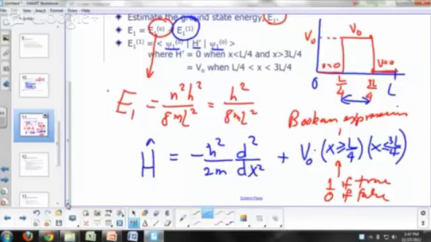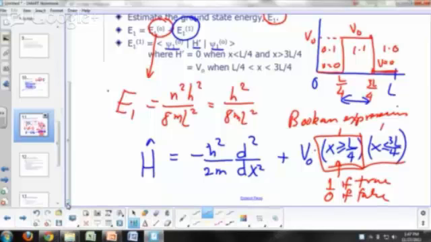And if it's less than 3L/4, it's going to be 1. So it's going to be 1 times 1 here, times V naught. Over here, it's going to be 0 times 1 times V naught, so it's going to end up being 0. And over here, it's going to be 1 times 0. Each one of these is called a Boolean expression. It's just either true or false. If it's true, it's 1. If it's false, it's 0.